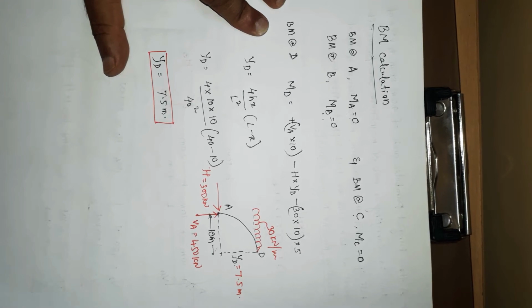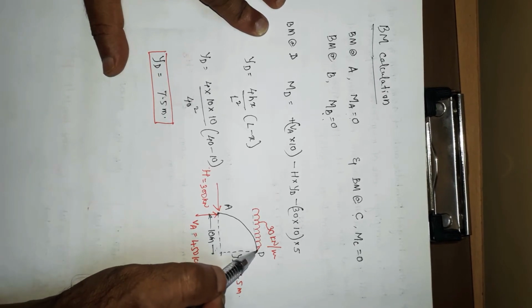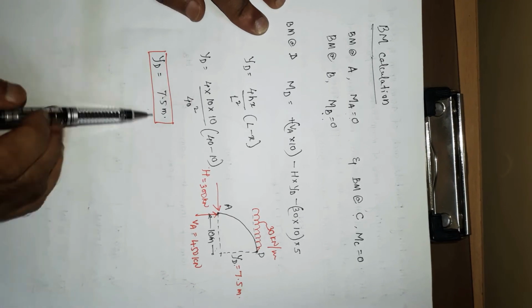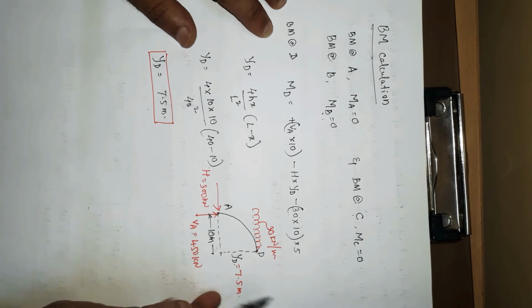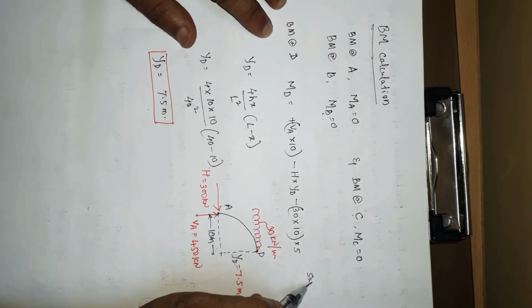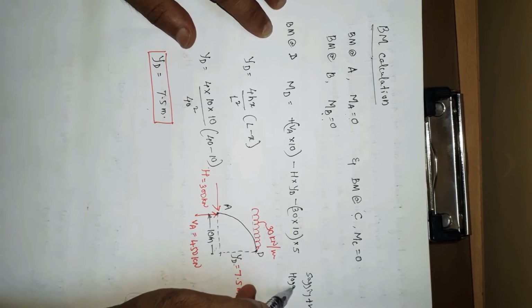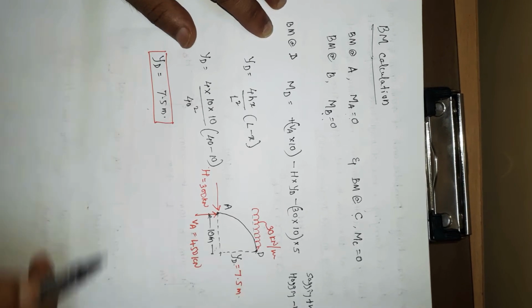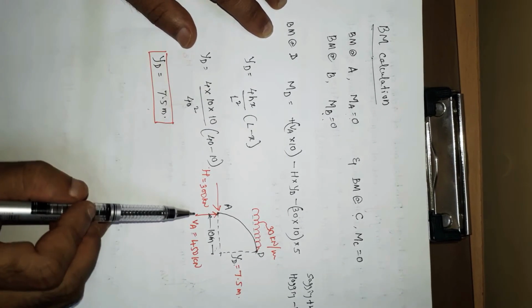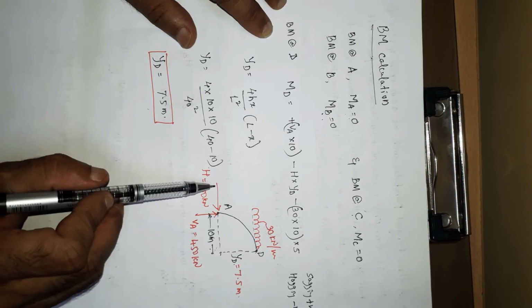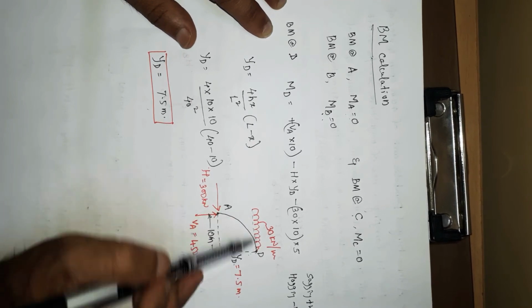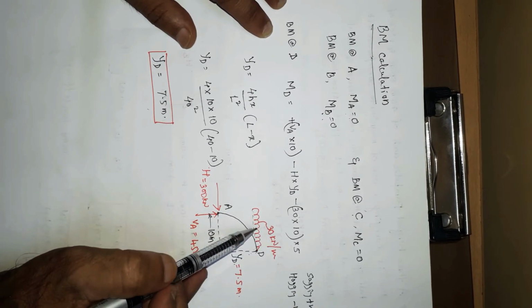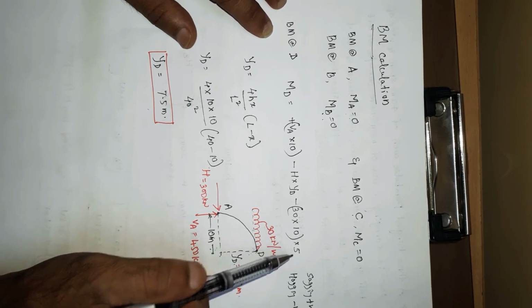Now I want to calculate the bending moment at point D. So bending moment at D is equal to VA. For the sign convention, sagging is positive and hogging moment is negative. So it is VA into 10, minus H into YD, then minus 30 into 10. 30 into 10 becomes a point load, and the moment arm of this point load from D is 5.